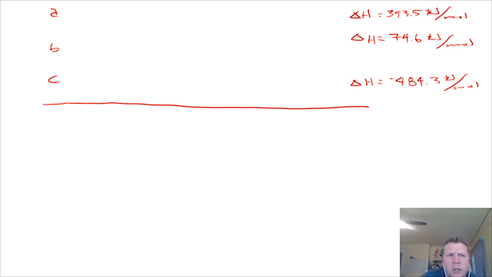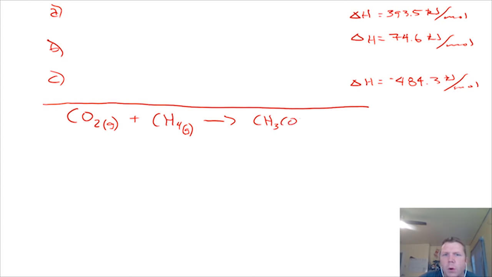Each of these reactions are going to be my partial reactions, and they are going to combine together to make this overall reaction: CO2, gas, plus CH4, also in a gaseous state, yields CH3COOH, which is in a gaseous state.